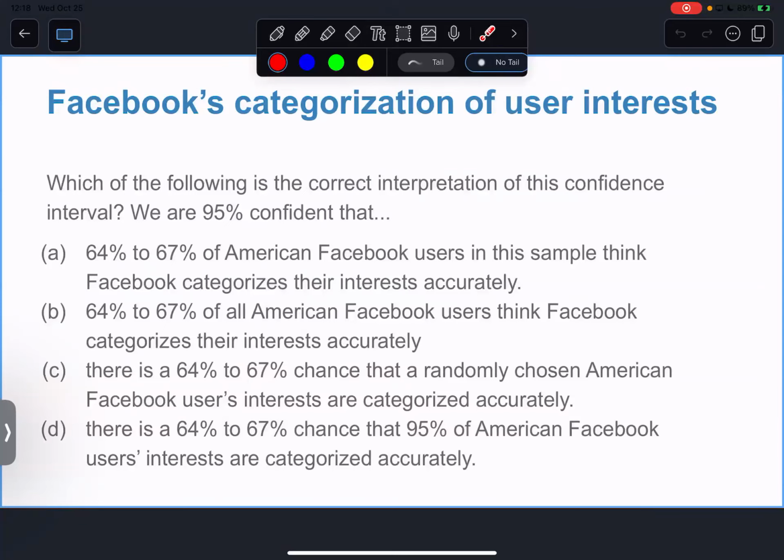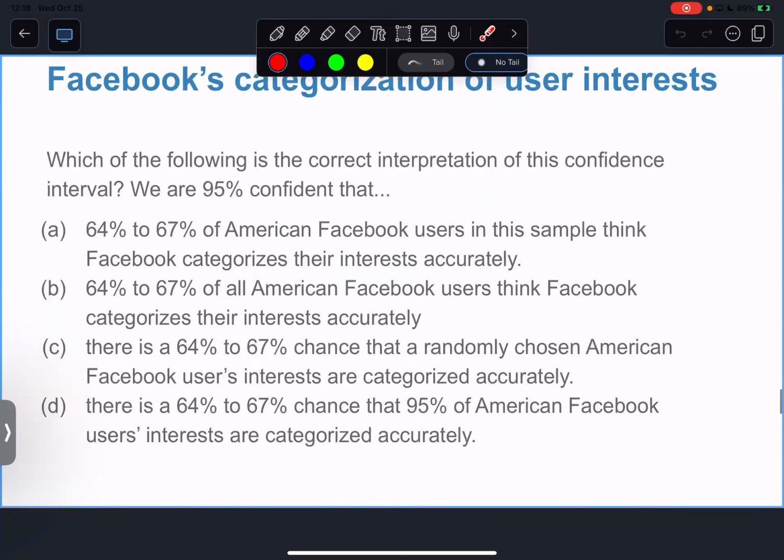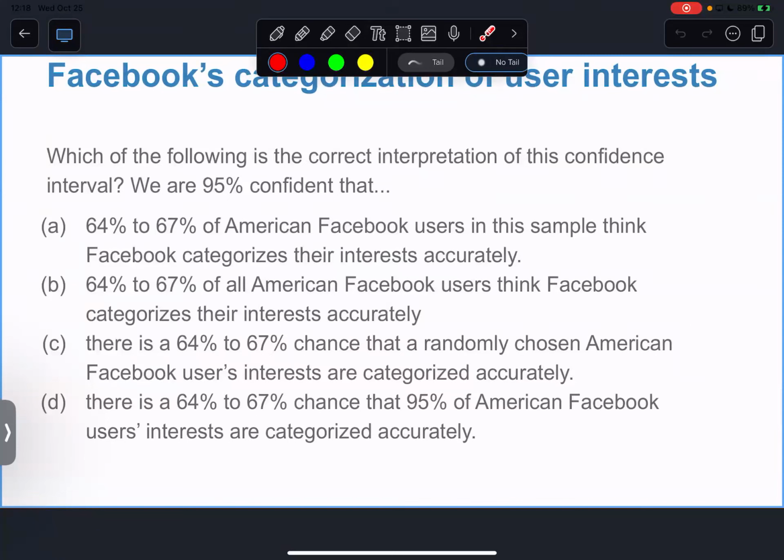So in terms of the interpretation, it's going to be really important how we interpret this. And so a couple of options are, we are 95% confident that 64 to 75% of American Facebook users in the sample, that's not true, right? We found a sample proportion and it was 0.67.